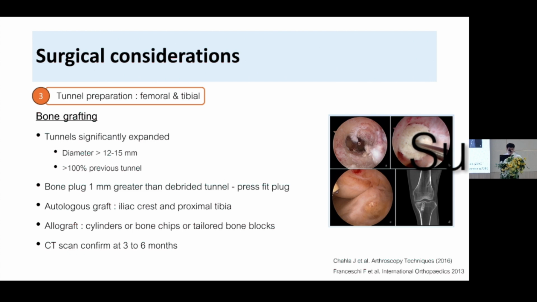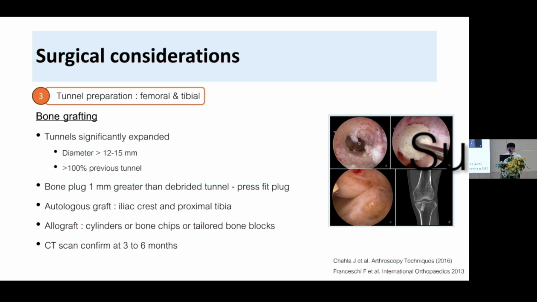Most references consider that a diameter more than 12 millimeters is the cutoff for considering revision in 2 stages. Anyway, no absolute threshold exists for the critical tunnel diameter. And some references suggest that 15 millimeters or even more, 100% of the previous tunnel, can be the limit of the 1-stage revision.